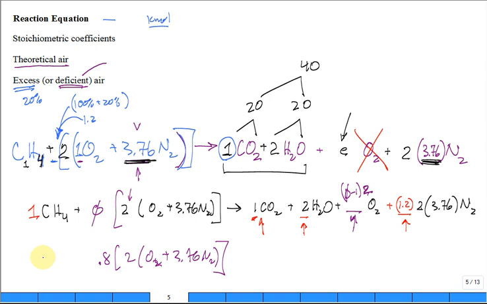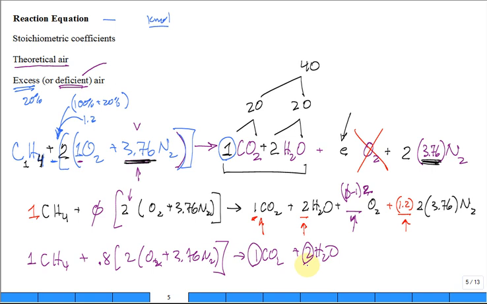Now, what happens to CH4? Oh, don't play with that coefficient. You'll be tempted again and again to start playing with the coefficient in front of the CH4. Leave it 1. Got it? Okay. So if I don't have that much oxygen, can I really get 1 CO2 and 2 H2Os? No, these have to be reevaluated.